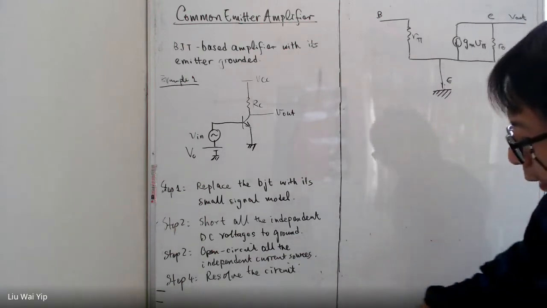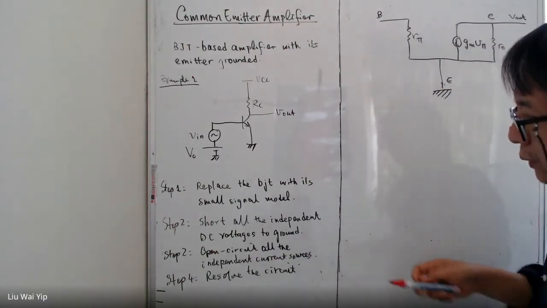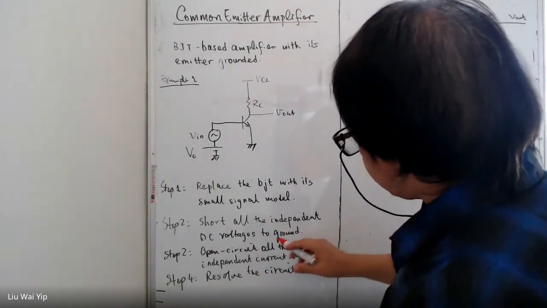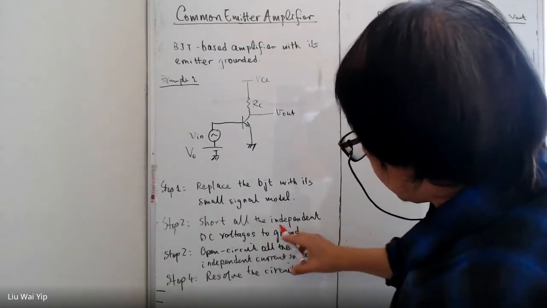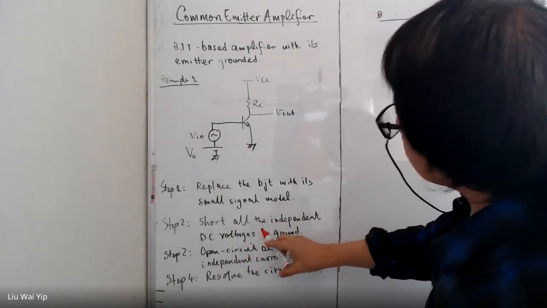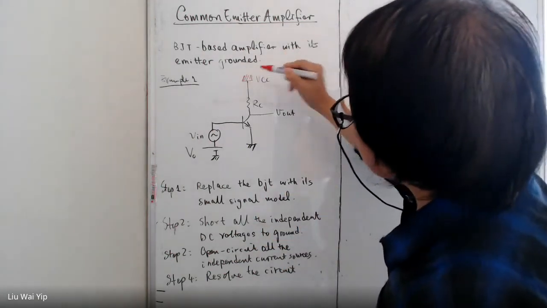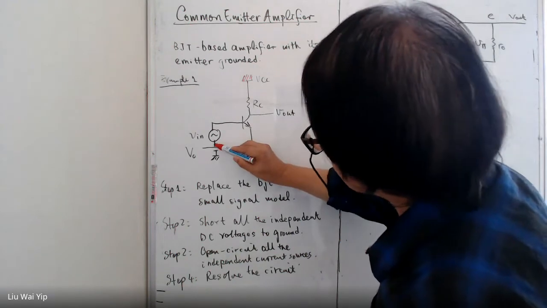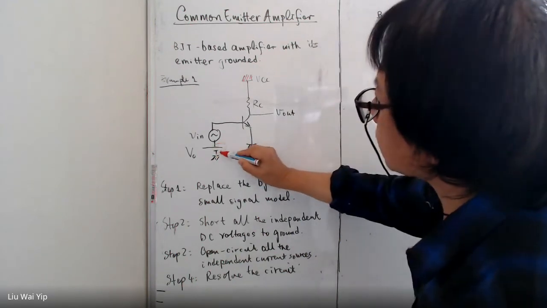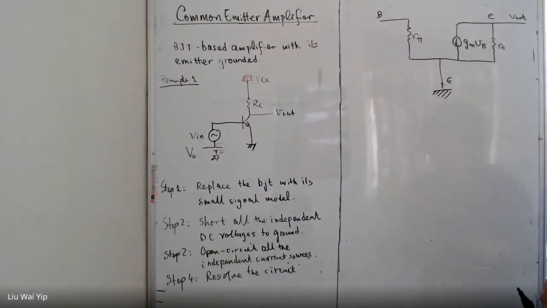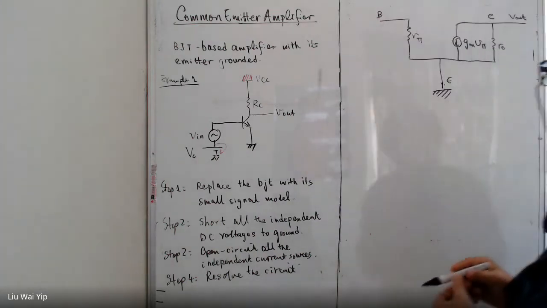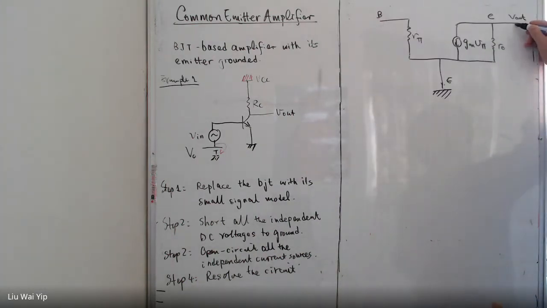And we know that from step 2, we need to short circuit all the independent DC voltage sources. And this is one of those. So we short circuited it, and this is another one we short circuited to the ground. So this is the procedure we need to follow. And now we have a resistor here, RC, connected to the ground.